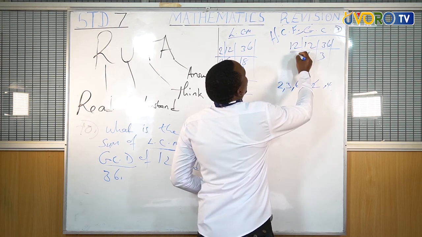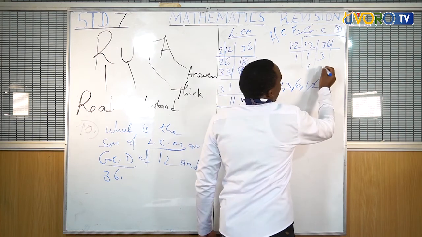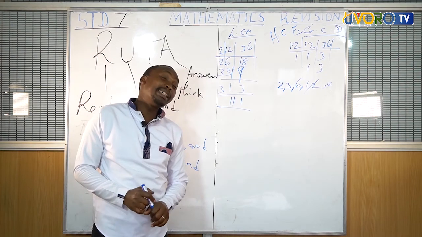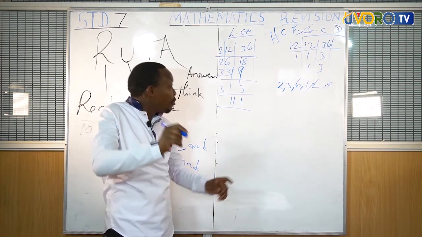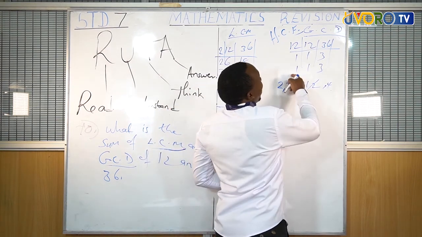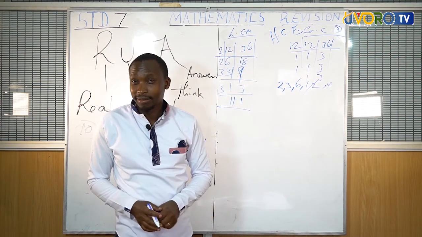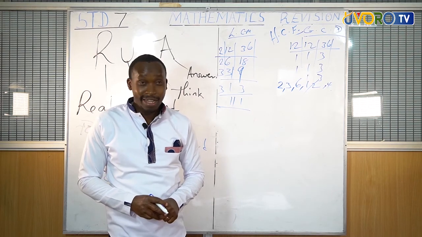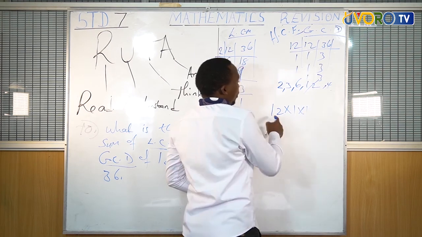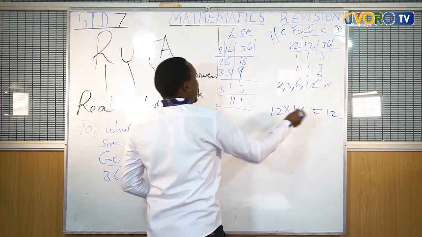Very good. 1 divided by 1 is 1. 1 divided by 3 is just 3. Now, what are you supposed to do? Somebody is smiling at the back. Somebody thinks that we should also put 1 again. Let's put 1. 1 divided by 1, 1. 1 divided by 3, 3. Again, we put 1. The sum ends there. So it is 12 times 1 times 1. 12 times 1 is 12, times 1 is 12. So this is the GCD.